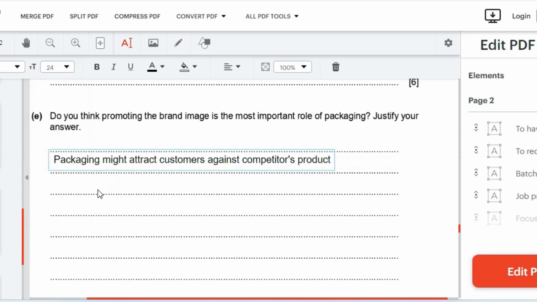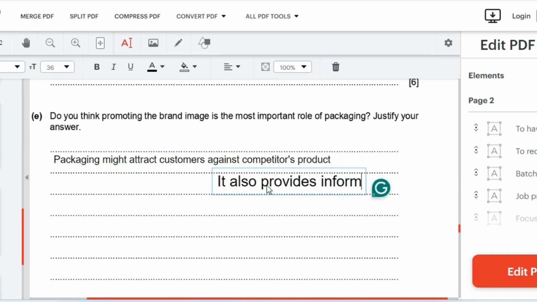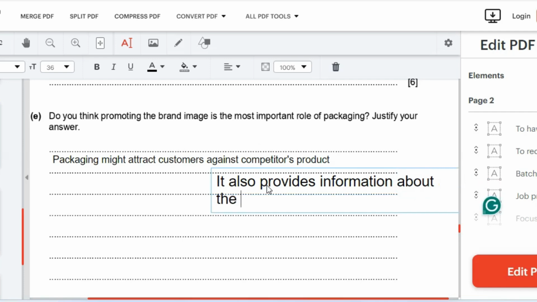Another point is packaging provides information about the product. Let's try to add the text also for better explanation. It also provides information about the product.